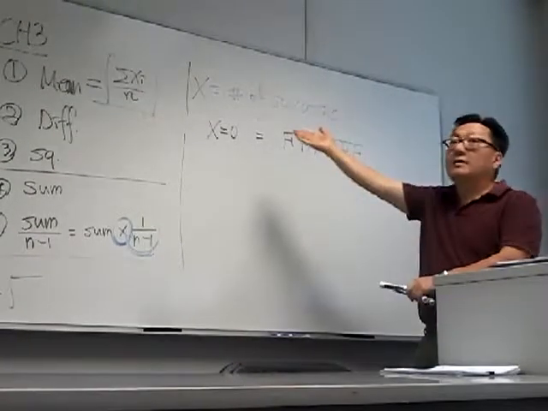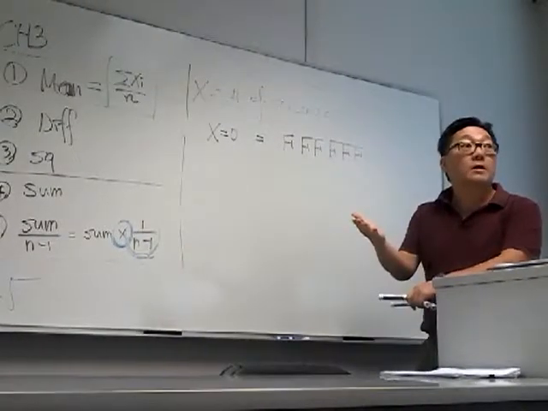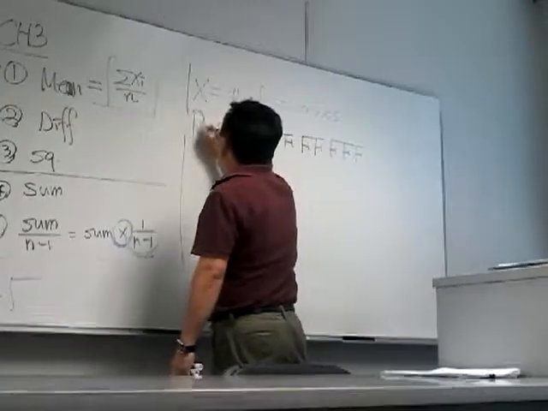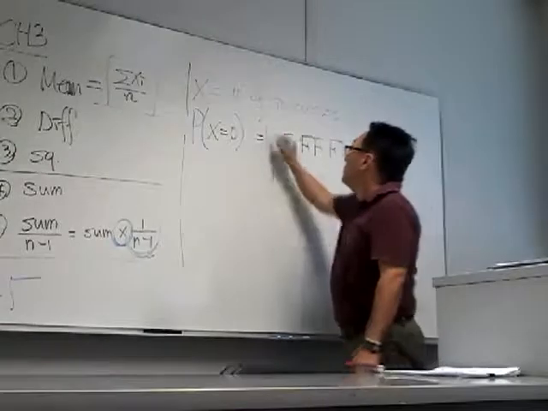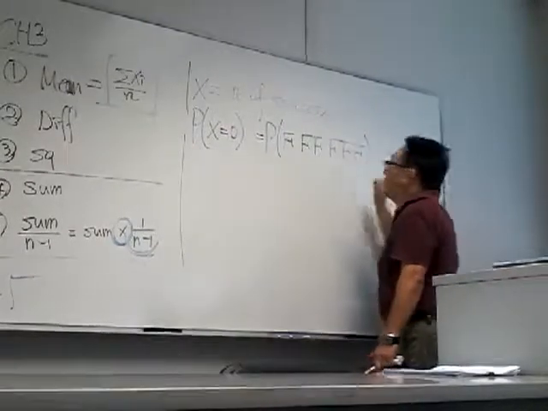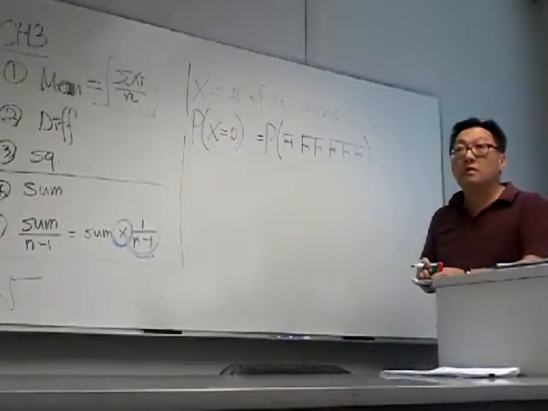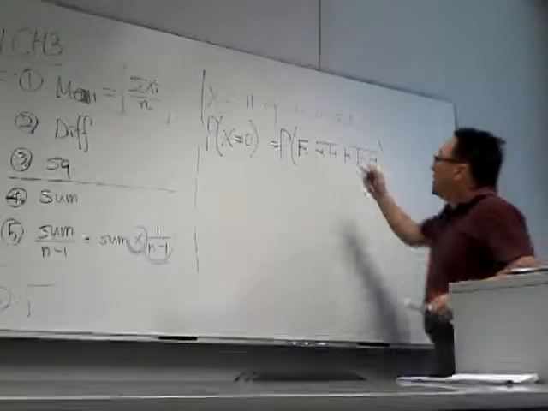X is a random variable. We need a probability. Why don't you take the probability? Probability X equals 0. Probability of fail, fail, fail, fail, fail, fail.